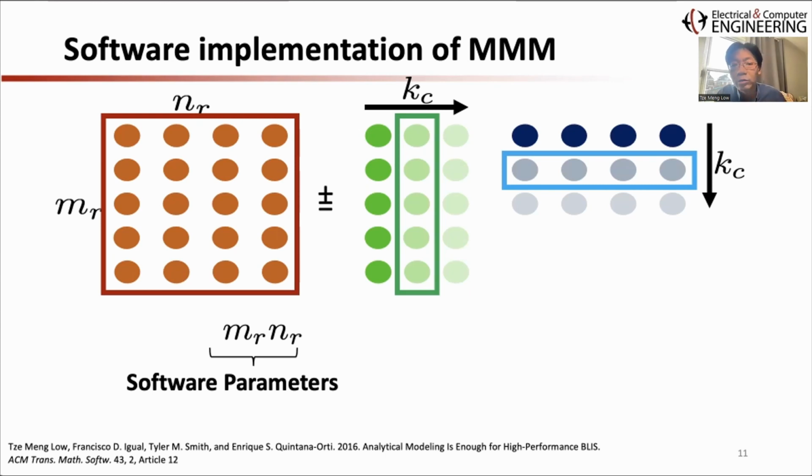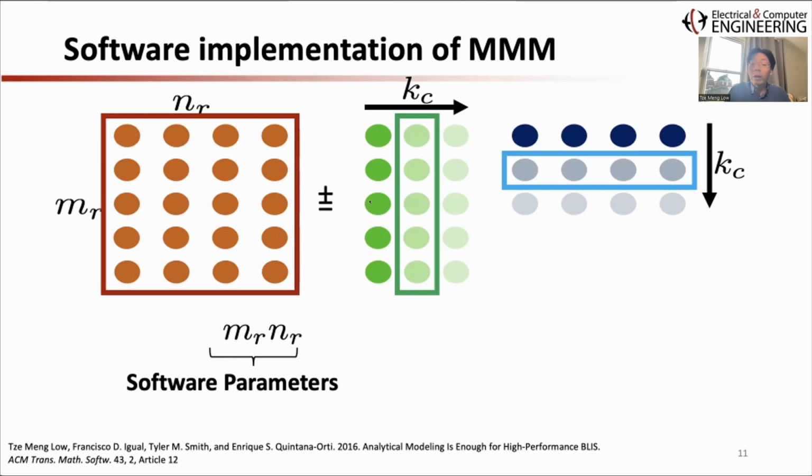Essentially, what I'm saying is that you need to take a column of A, multiply it with a row of the B matrix in blue, and then you do an outer product of the two vectors, computing MR times NR outputs all at the same time in each iteration. And then in the next iteration, you multiply the next column of A and the next row of B, and you proceed accumulating different outer product outputs into the same output matrix.